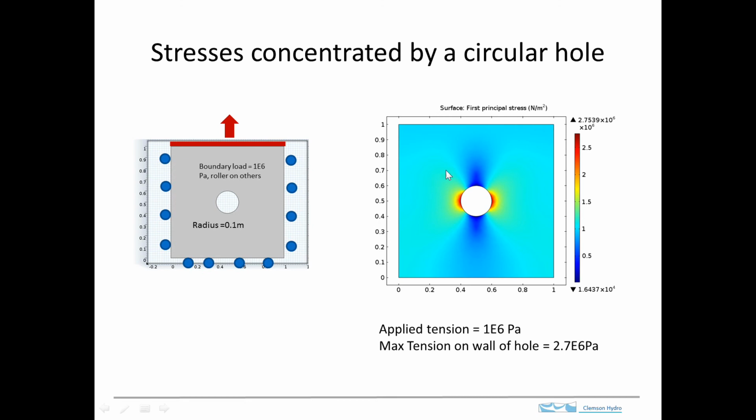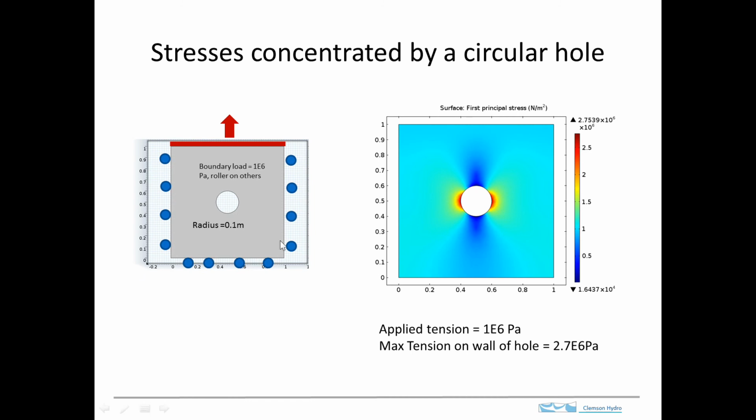And what I'm showing here is the first principal stress. We're applying tension here, and so we look at the first principal stress because this is showing the maximum tension. So what you get is now this non-uniform pattern where there are some warm colors here and cold colors here. What the warm colors are indicating is a larger tensile stress.